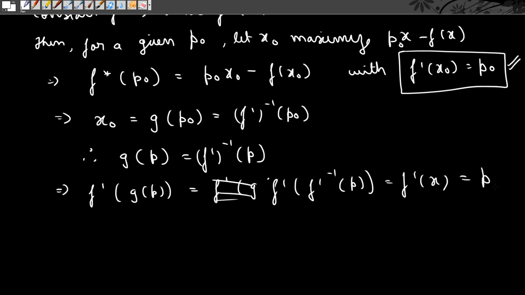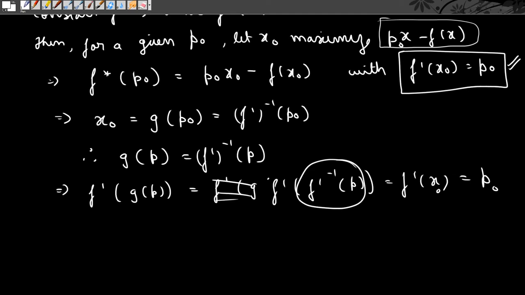If you use x naught, this will be p naught. So when I say f dash of f dash inverse of p, the value of this corresponds to the x value which maximizes this function. It is not any random x value, it is the x value which maximizes the function. So if our p is p naught, then that particular x value will be x naught.